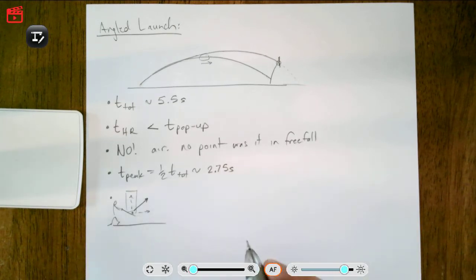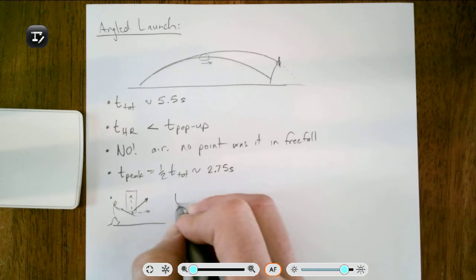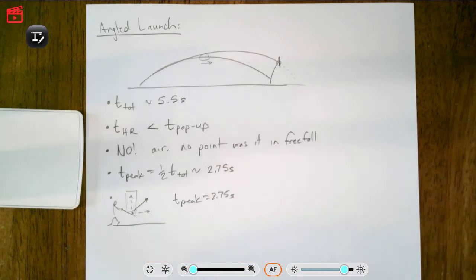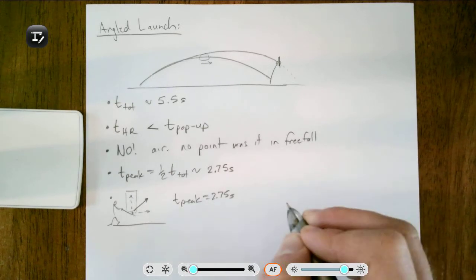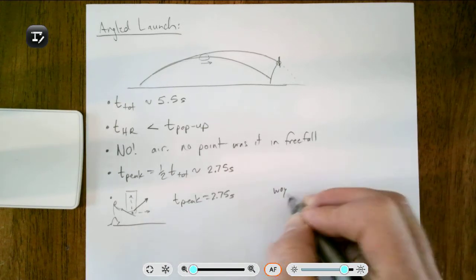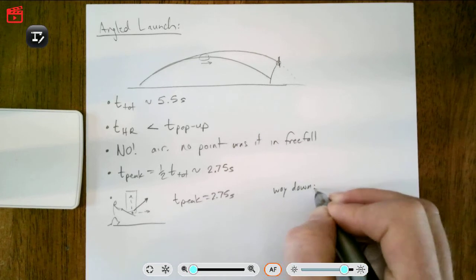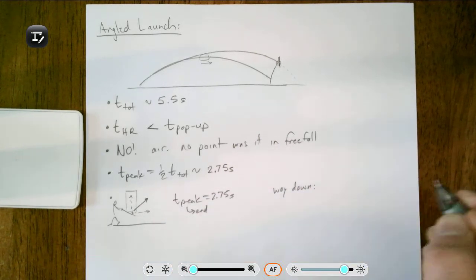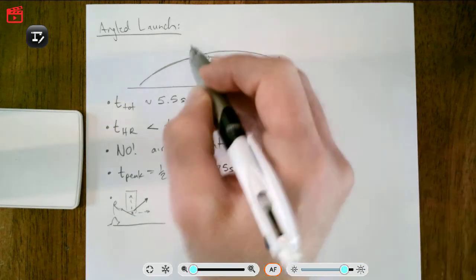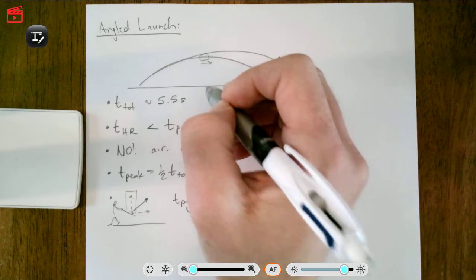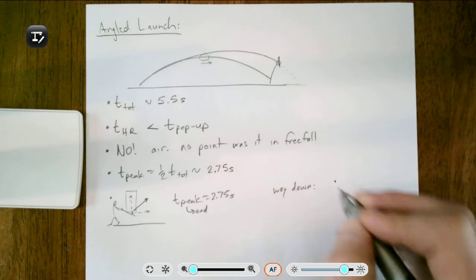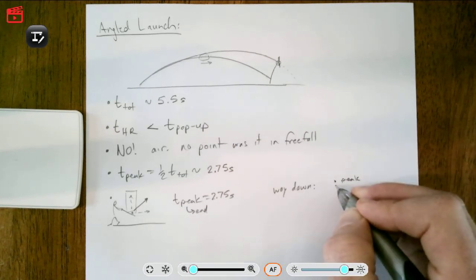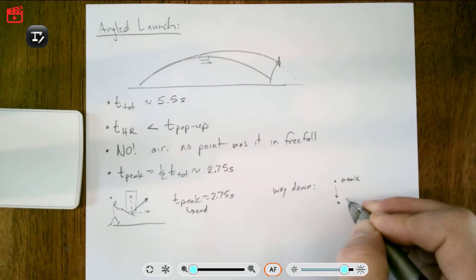Well, this is actually the same as yesterday. If it took 2.75 seconds to get to the peak, well then, we can actually do this for the way down, which is easier. That means the time from the peak to the end is also 2.75 seconds. So go from the peak and just look at the vertical direction. On the way down, it's like this. So there's the peak. Then here is 1 second later.